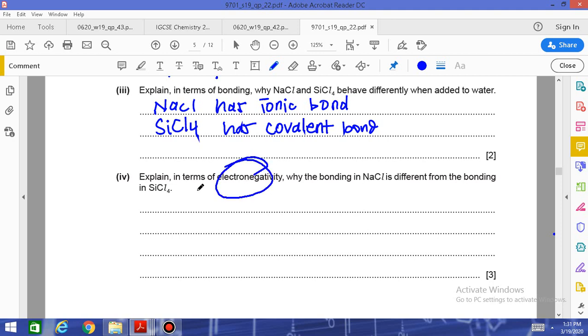In terms of electronegativity, remember, ionic bonds always have a bigger electronegativity difference than covalent bonds. Once again, ionic bonds always have a bigger electronegativity difference than covalent compounds or covalent bonds.